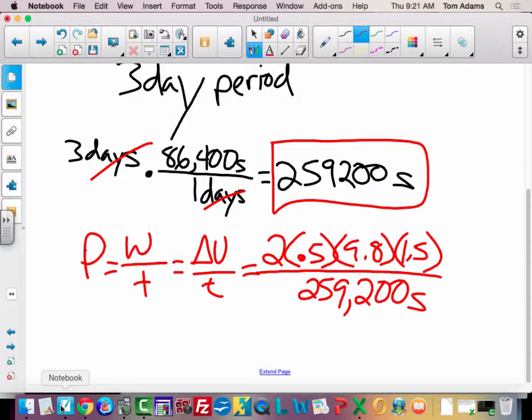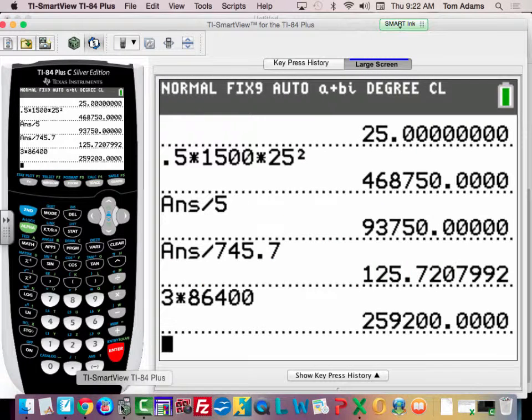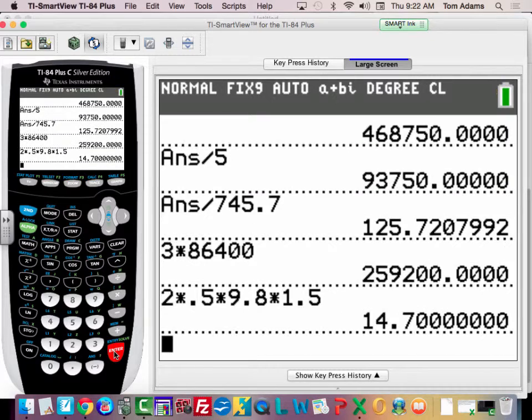And I make an assumption that they both fall at the same time, but sometimes one will fall and the other one pulls up and stuff like this. So we have to make that assumption. All right, so let's plug that in our calculator. We have 2 times 0.5 times 9.8 times 1.5, which is 14.7. That's the change in potential energy, in joules, divided by 259,200.